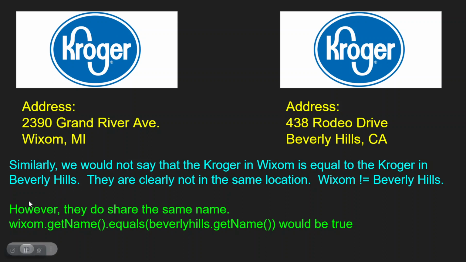We could say, if we ran the line of code wixom.getName().equals(beverlyHills.getName()), this would evaluate to true because they're both called Kroger. The name of both stores is Kroger. So when we call getName here, it's going to be Kroger, and when we call getName here, it's going to be Kroger. So Kroger equals Kroger would evaluate to true.